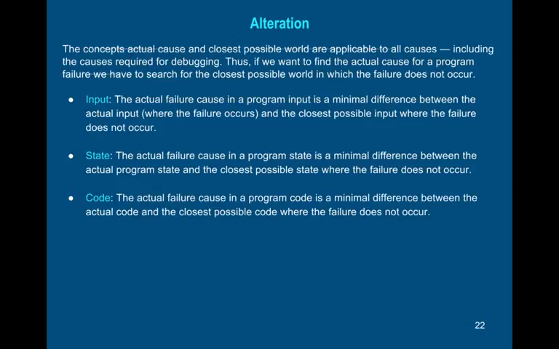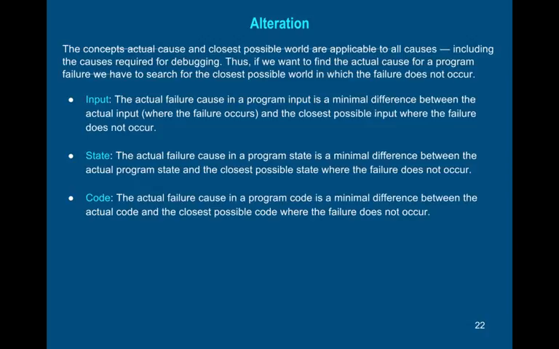For that, we have the input, which is the actual failure cause in a program. Input is the minimal difference between the actual input where the failure occurs and the closest possible input where the failure does not occur. The state, which is the actual failure cause in a program state, is a minimal difference between the actual program state and the closest possible state where the failure does not occur.